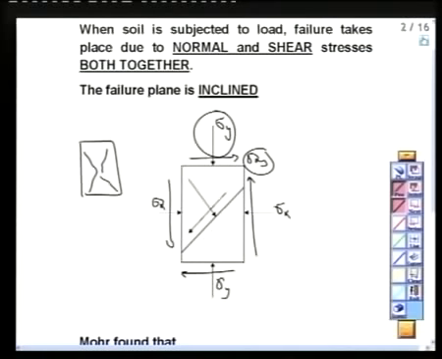So when soil is subjected to load, failure takes place due to normal and shear stresses together. That's why the failure has an inclination. Because this is the resultant of normal and shear, as we described here. So the failure plane is inclined.